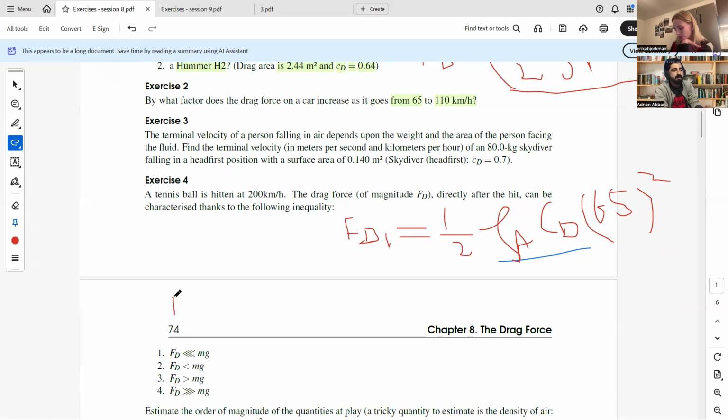Similarly, for the second velocity, we say Fd2 is equal to 1 by 2 rho A Cd and the second velocity square, that is 110 kilometers per hour.